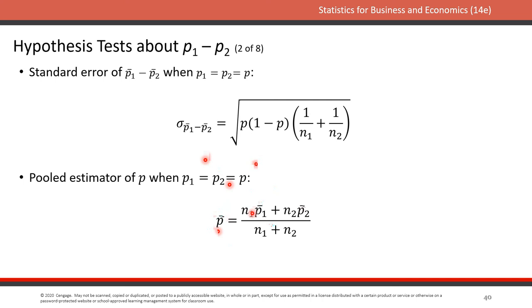And remember, the guess for P1, we see how many people agree divided by the total number of people we sampled, and that's our guess for the proportion from the first population. And do the same thing with the second population. That's our guess for the proportion for the second population. Plug those numbers into this equation, and that gives us our guess for the overall value of P. This is a weighted average between these two. If you remember weighted mean from maybe DA 291 or your previous stats class in general, this is your weighted mean of these two proportions.